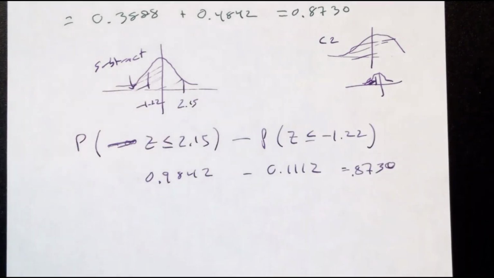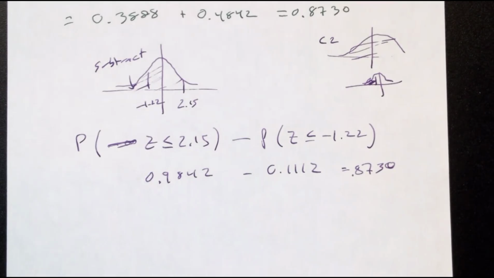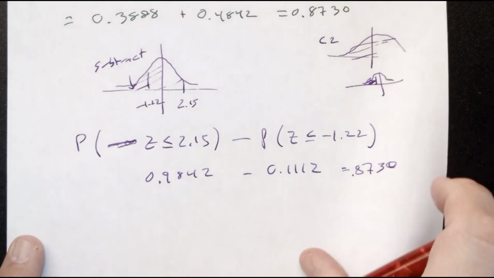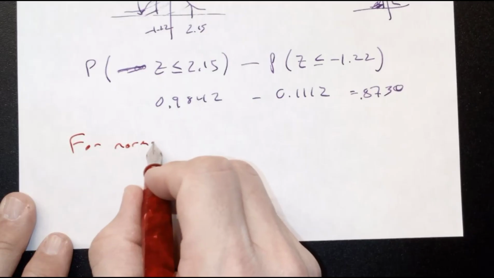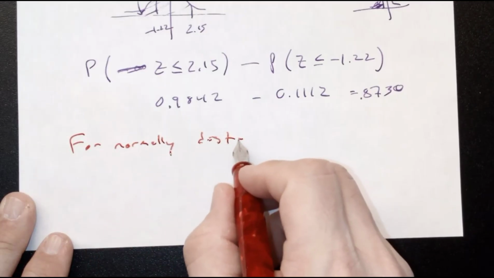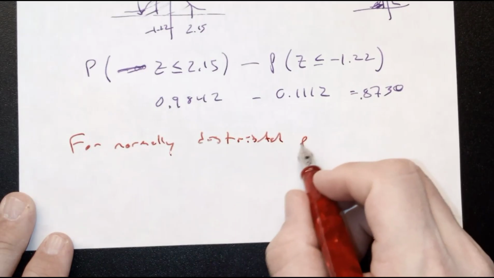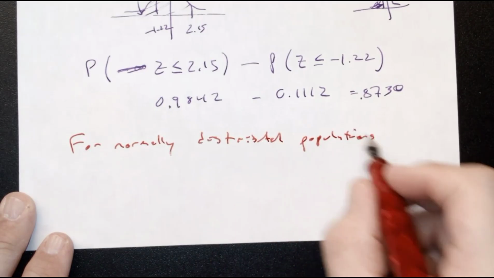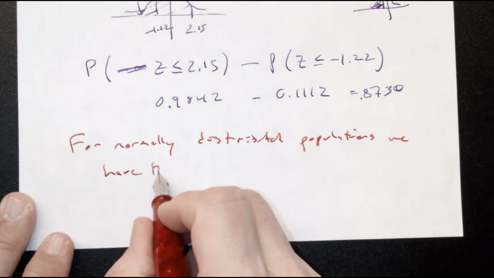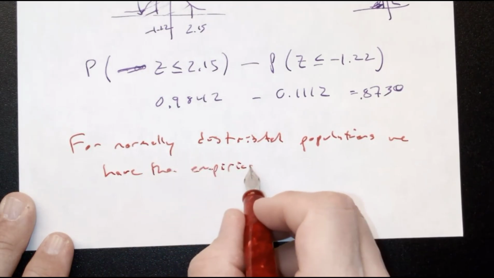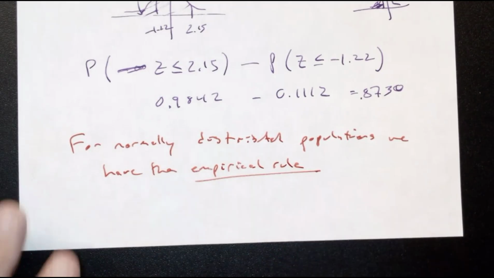This is a normal distribution. There were a couple of numbers that I was already given about normal distributions. We had a rule. Back when I mentioned Chebyshev, remember Chebyshev?